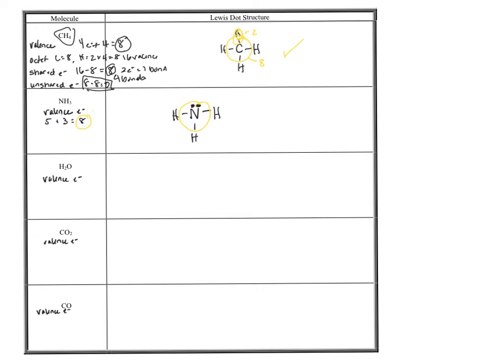Now if I count up, I could say, all righty, I have 2, 4, 6, 8. I can say that I have 8 electrons, and that checks off with that. Good job.